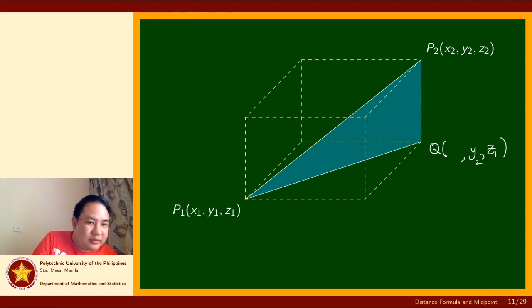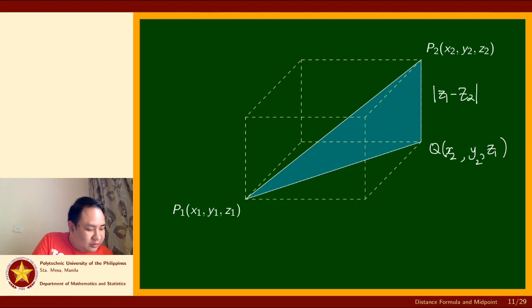So therefore, P2 and Q must have the same x coordinates. So they should be x sub 2. So as you can see, the only difference between P2 and Q are their z coordinates. Therefore, the length of this line segment should be the absolute value of z1 minus z2.